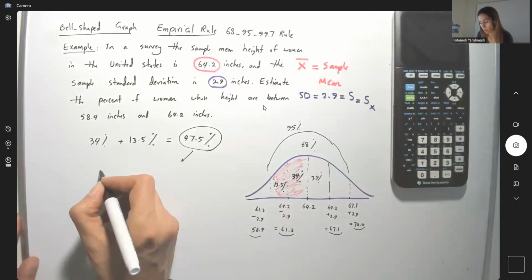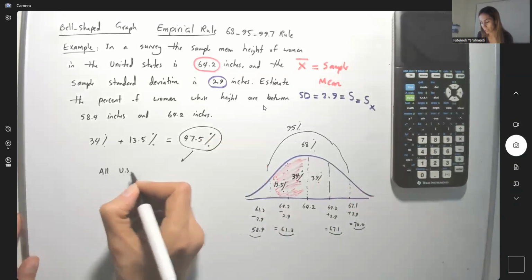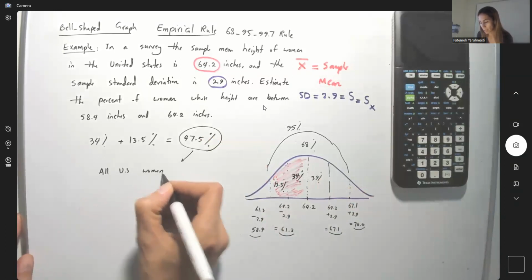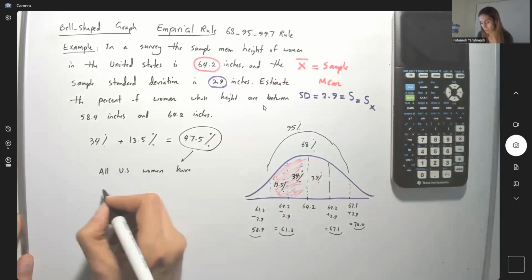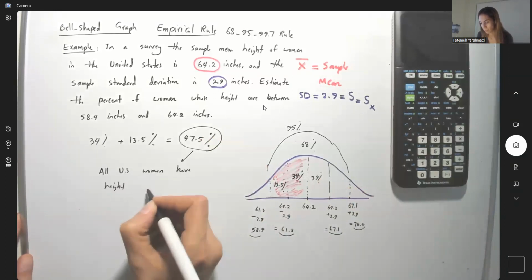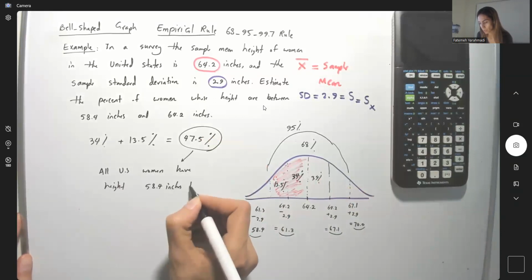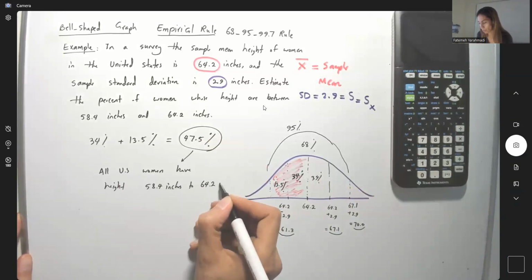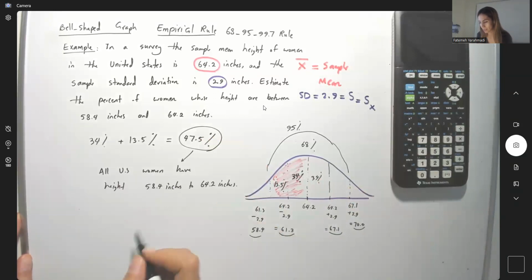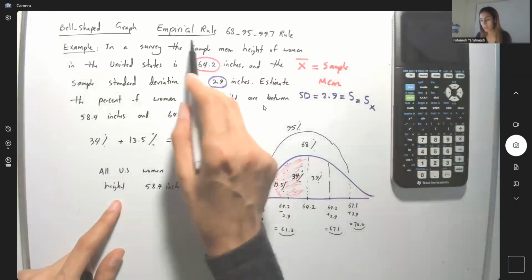47.5% of all US women have height between 58.4 inches and 64.2 inches. That's how we apply this rule.